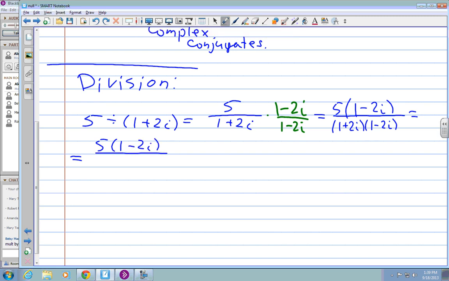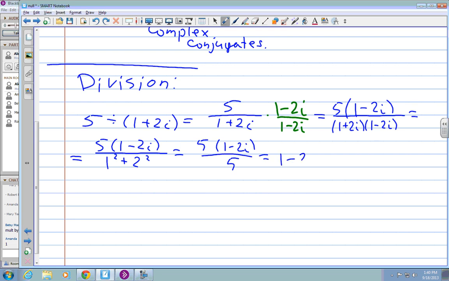So, what is the real part in that denominator? 1, so it's 1 squared. Plus, what is the imaginary part? 2, so 2 squared. So that's your denominator, 1 squared plus 2 squared, which equals 1 plus 4, which is 5.